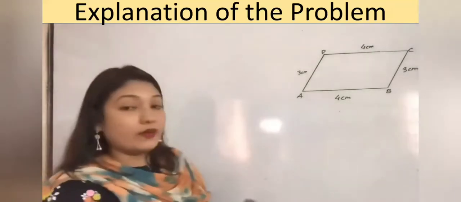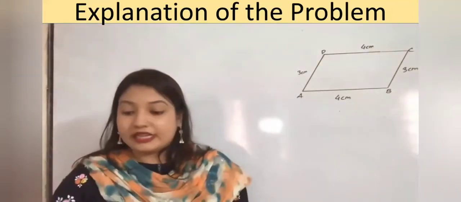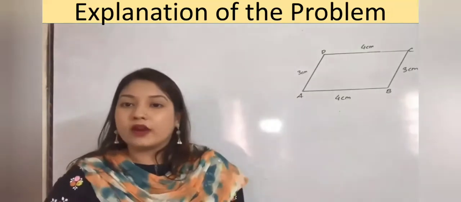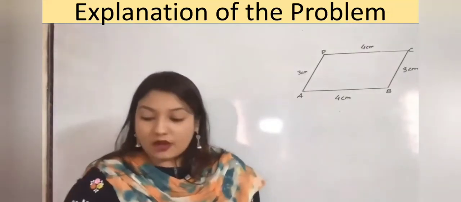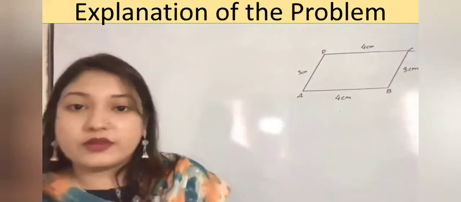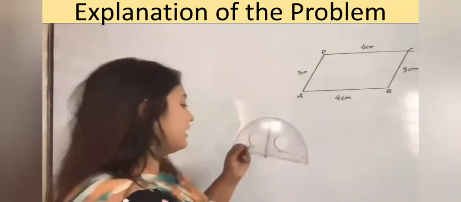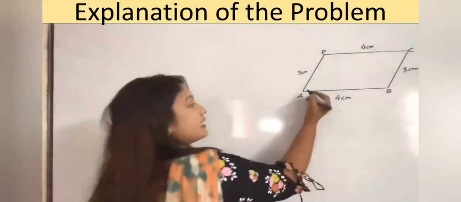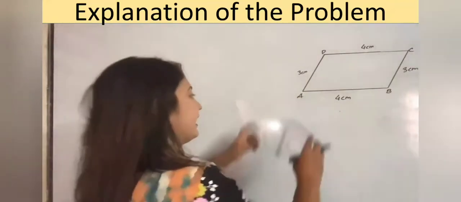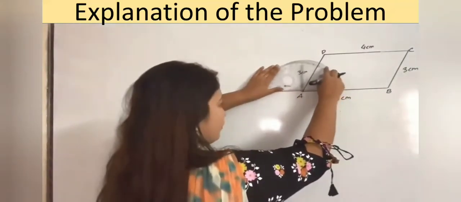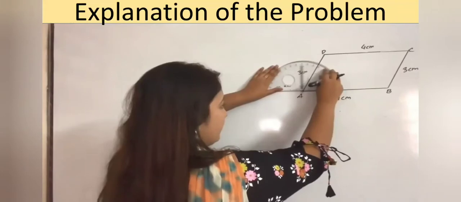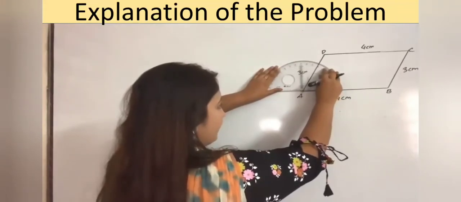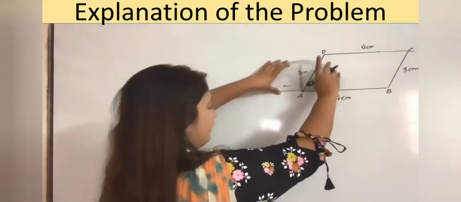So now in the question second part, it is said to measure the pair of opposite angles. So now I will measure the angles. As you can see, here is my protractor. I will put the 0 point of my protractor in this point for measuring A. So see, I am putting it here, and I can find this one as 60 degree.